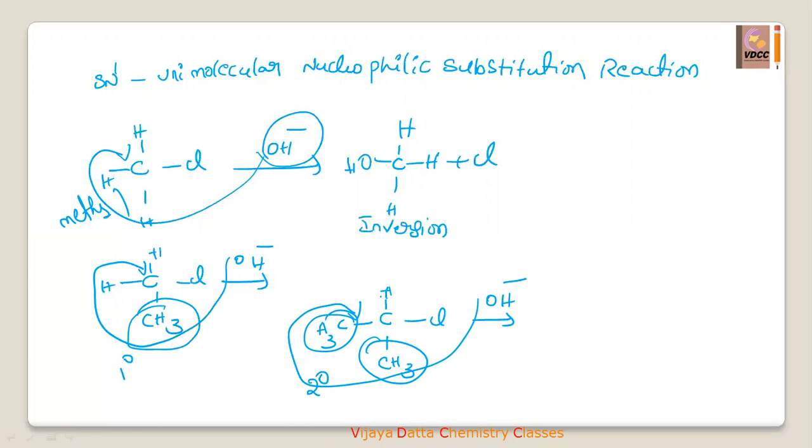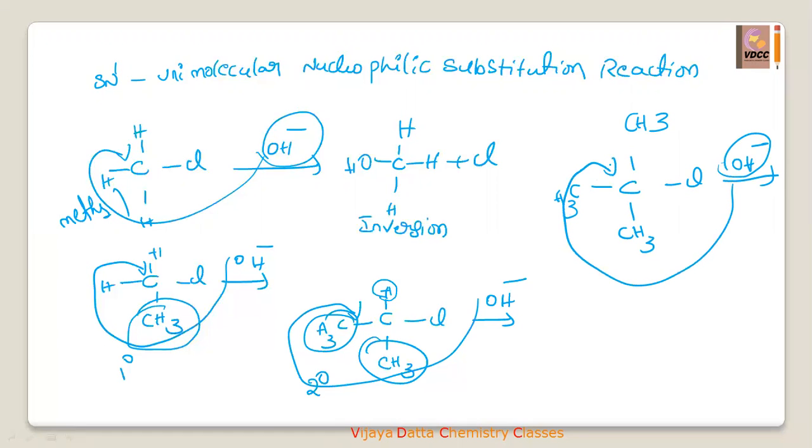Now I am replacing one more hydrogen also with a carbon, so we get (CH3)3CCl. Now attacking of OH minus from the back side, according to the SN2 reaction, has zero possibility, because three bulky groups are there.